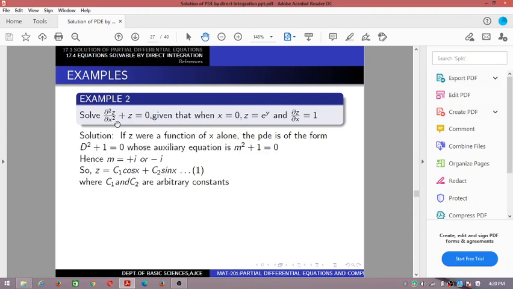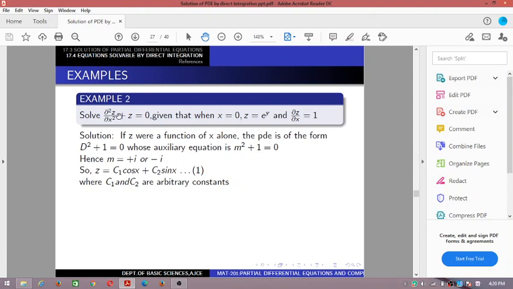Here we can observe that the expressions given in the partial differential equation are only z and the independent variable x. Since there is no y in the expression, we can treat the derivative as an ordinary differential.